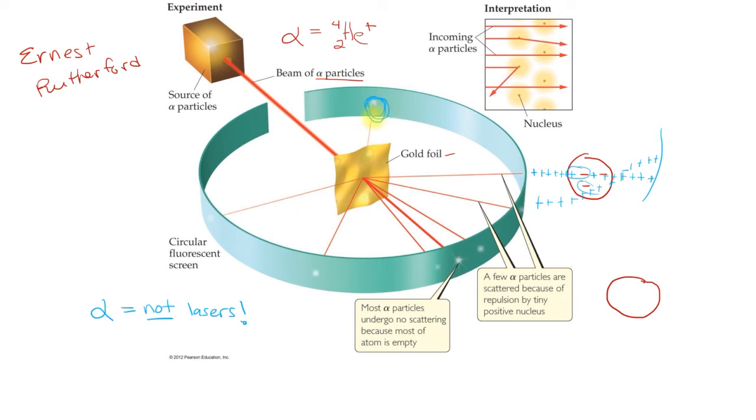A very small number of alpha particles end up bouncing all the way back or being deflected by a lot, like way over here. The only way that could be explained is if you have a positive beam that is not interacting with a negative particle, but rather is interacting with a positive particle.